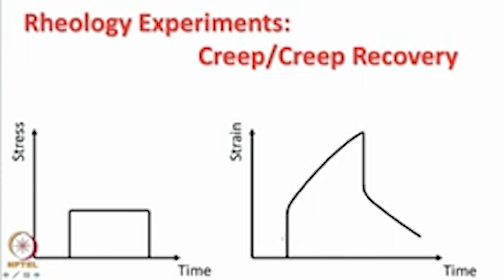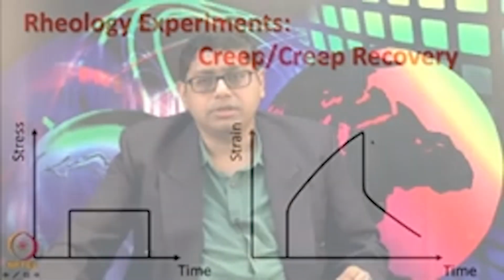Okay. So, strain is instantaneous, and then there is an approximate linear increase in the strain till it reaches a maximum. Okay. So, the first two portions of the curve are called the creep. For the next two portions, after the stress drops to 0, what you get is a similar response, but in the opposite direction.